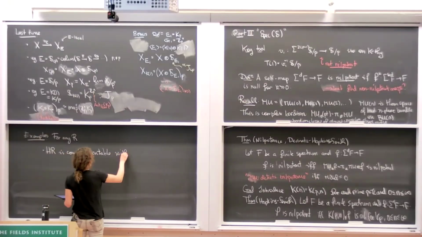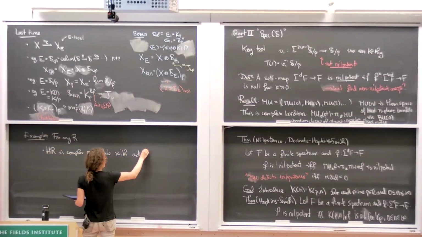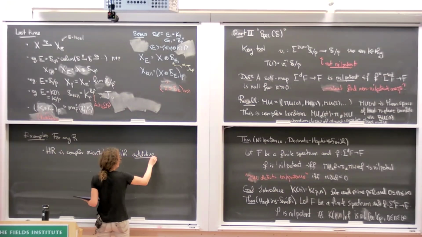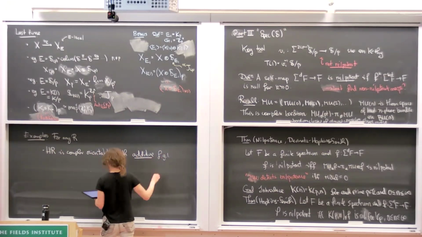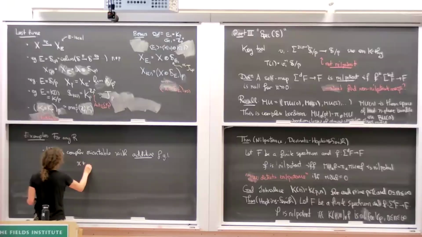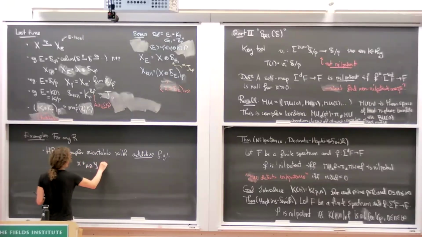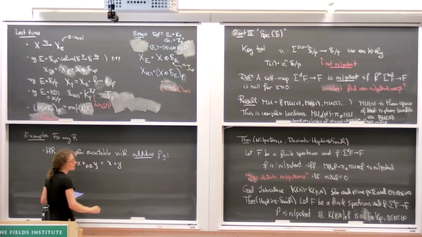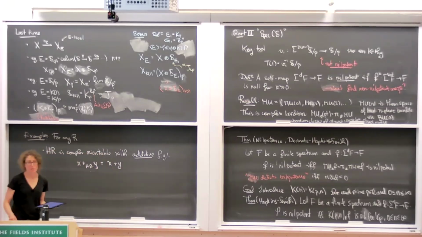And then its formal group law has a name. It's called the additive formal group law. And it looks like this. Okay, so what do we get? If I do this p times, right, I'm going to get px.